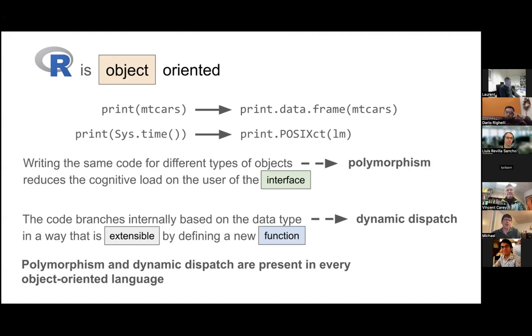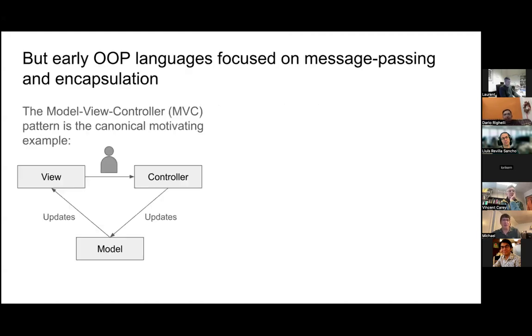And as I thought about all the different approaches to object orientation from languages like Rust or Java or C++ or Haskell, the commonalities are really this polymorphism and dynamic dispatch. Not every object-oriented language has classes. Not everyone has inheritance, but they all have some form of dynamic dispatch based on the data type.